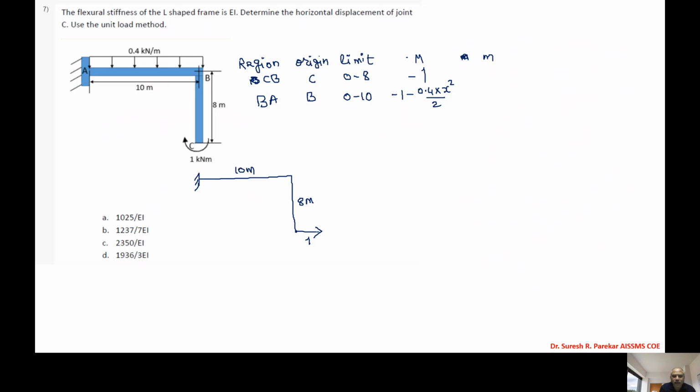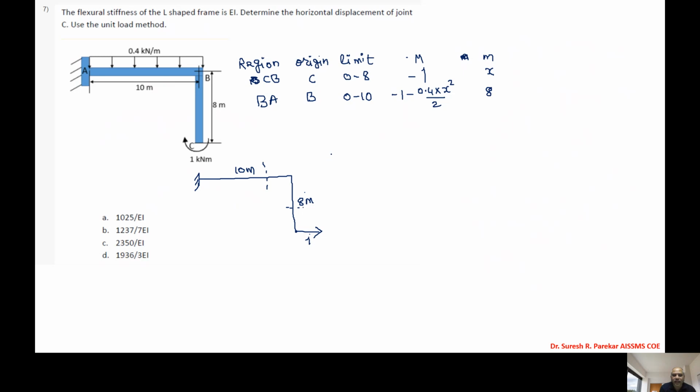Now we will apply the unit load as the moment is given in this direction. So we will go in this fashion also, no problem. Now we will have moment here 1 into x anti-clockwise. So plus m we are going to get x. And here we have 1 into 8. So we will have 8 over here.